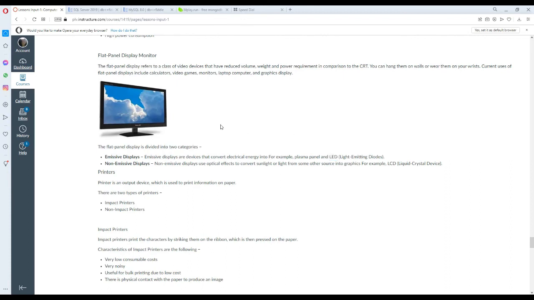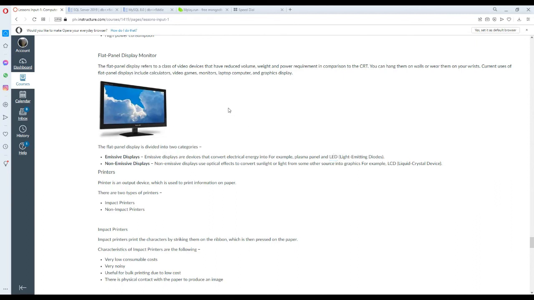However, it is also further categorized into three, which is the ordinary LCD LED. So it uses a liquid crystal display with an LED backlit, meaning your screen is being given light or given images by a light emitting diode.